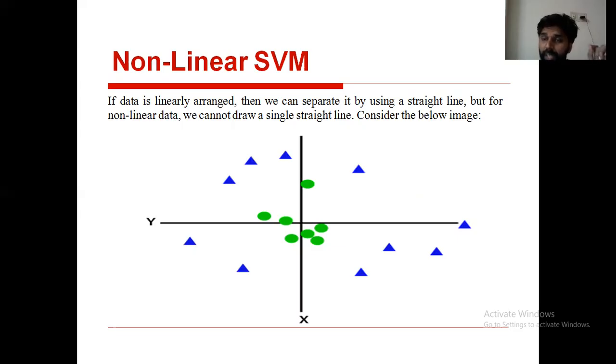But your straight line should separate blue color instances as one class and green color instances as another class. Such classification is not possible in this case. Now, what we need to do is classification by using non-linear support vector machines.